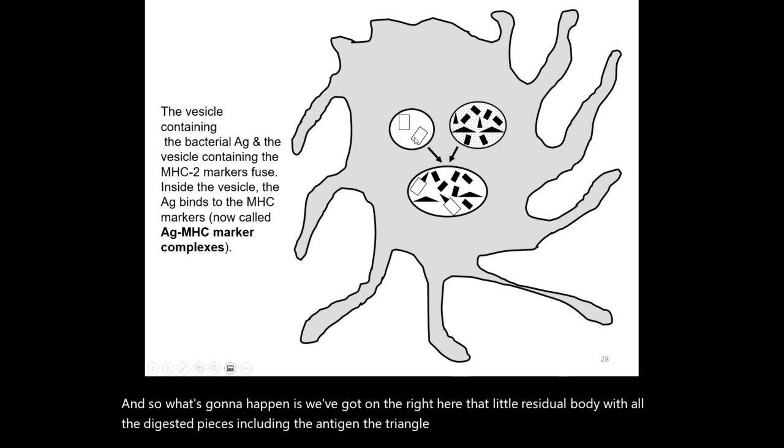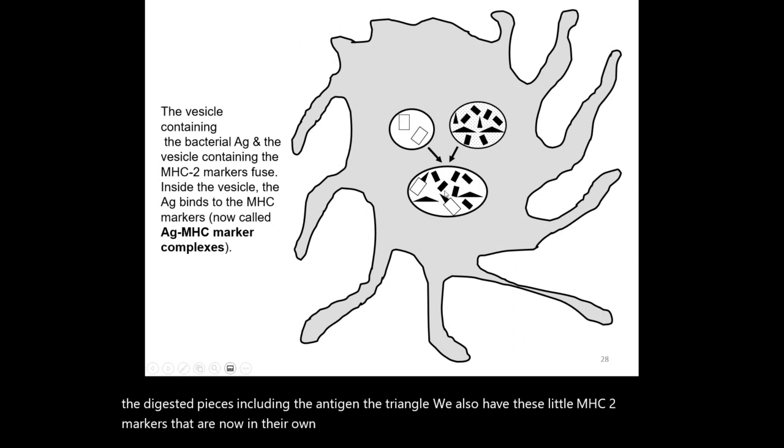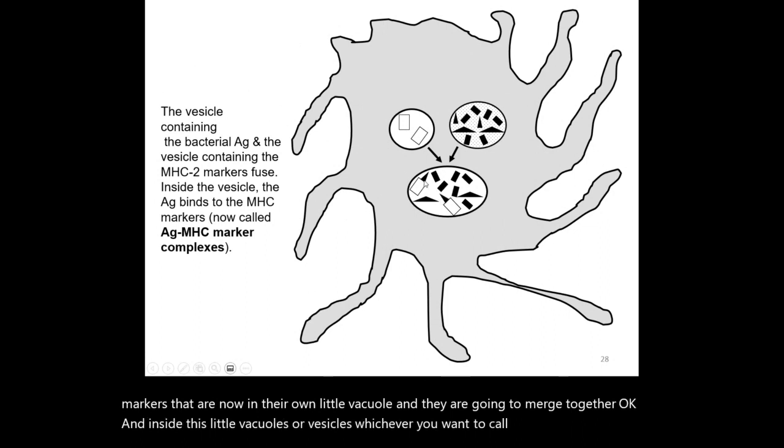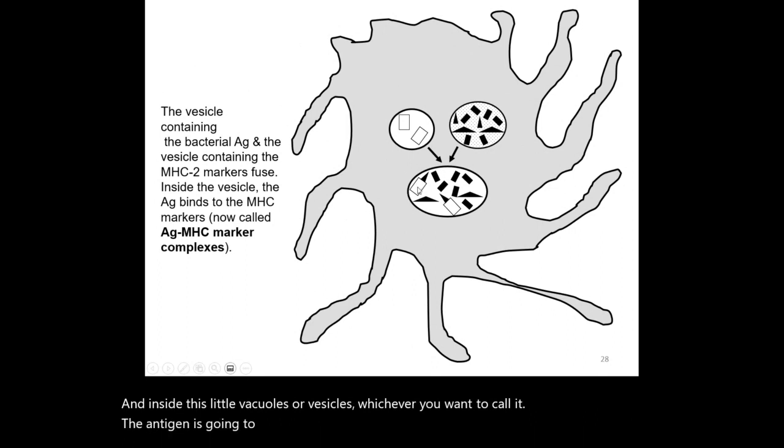We also have these MHC2 markers in their own little vacuole, and they are going to merge together. Inside this vacuole, or vesicle, whichever you want to call it, the antigen is going to bind to the MHC marker.